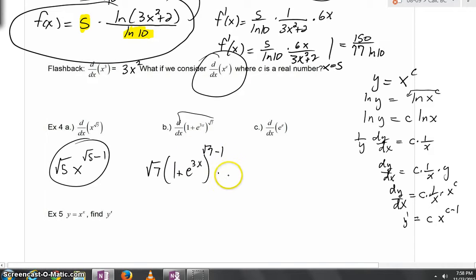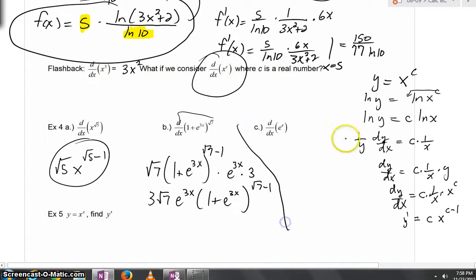The derivative of the inside, well, the derivative of e to the 3x is e to the 3x. Chain rule, take the derivative of the inside, you get a 3. Rewriting this, reorganizing, we'll have 3 radical 7 e to the 3x times 1 plus e to the 3x, all raised up to the radical 7 minus 1 power.